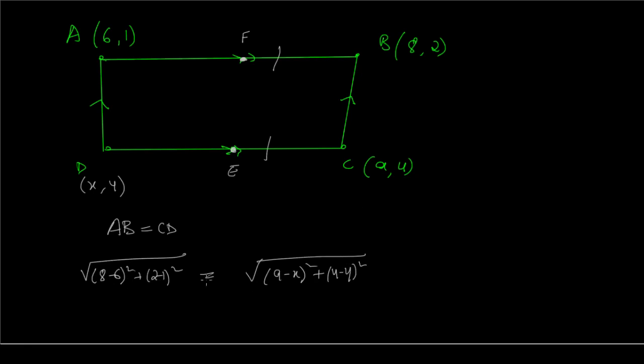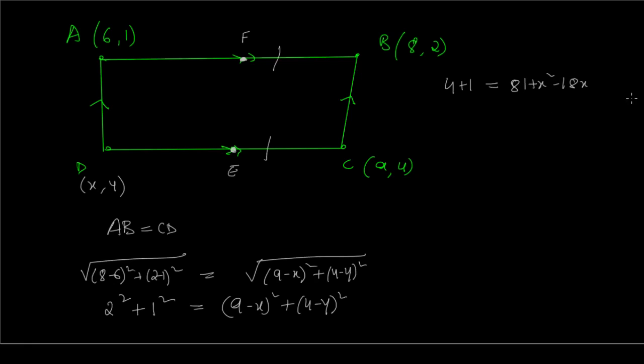Right? So now cancel the square root on both sides. You get 8 minus 6, which is 2 square, plus 2 minus 1, which is 1 square, is equal to 9 minus x whole square plus 4 minus y whole square. Now you get 4 plus 1 is equal to 81 plus x square minus 18x. Let me write it properly.